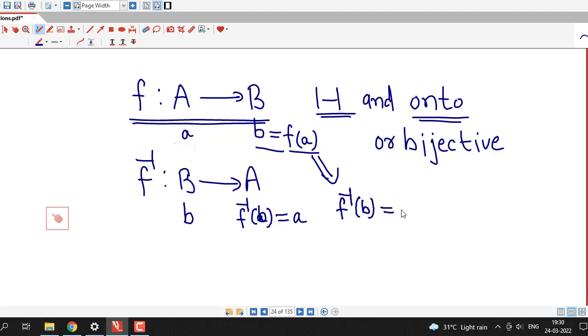So this is the way we can find the inverse of a given function.